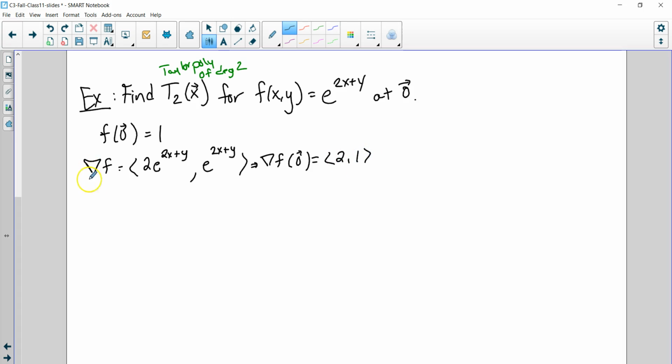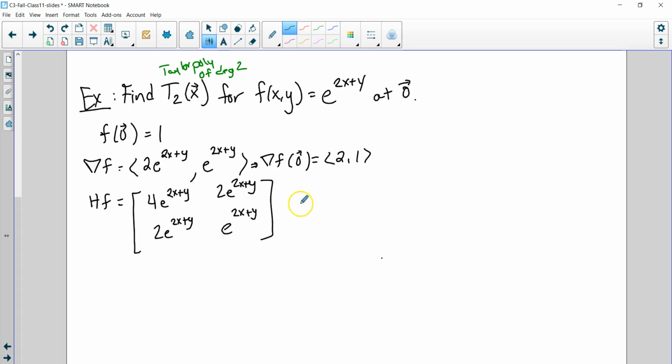Okay, and then let's go ahead and make the Hessian. So this is going to be 4e to the 2x plus y, and then 2e to the 2x plus y on the off diagonals, and then in the other diagonal, it should be e to the 2x plus y.